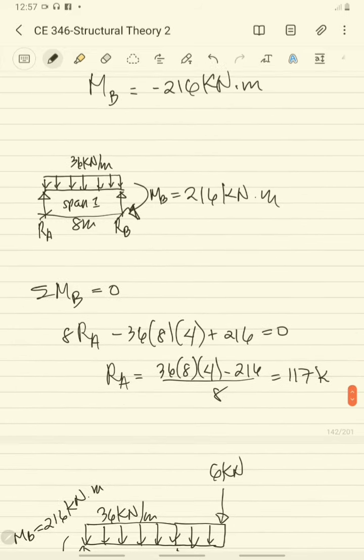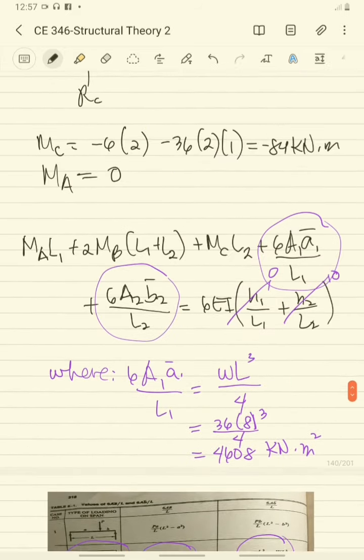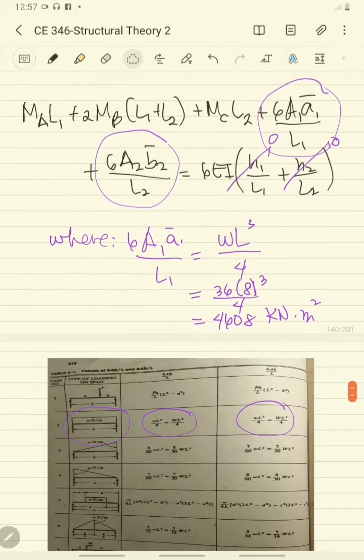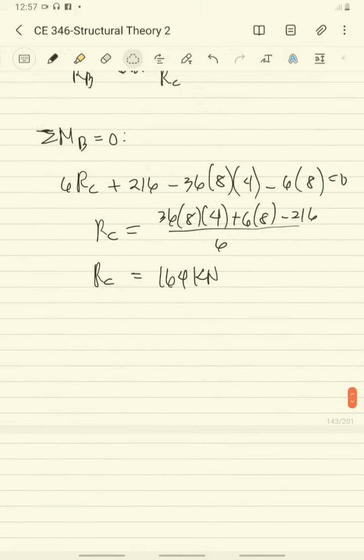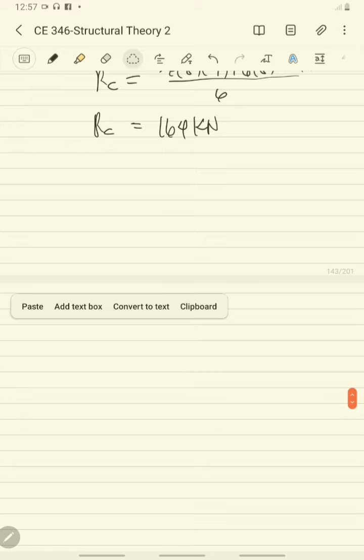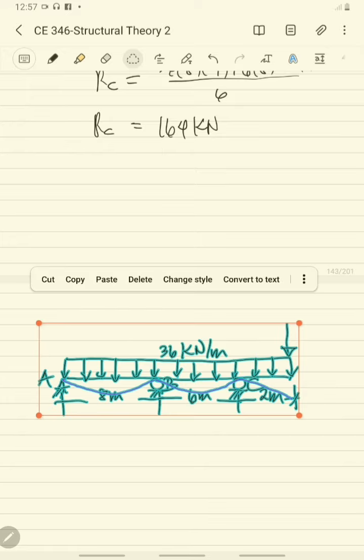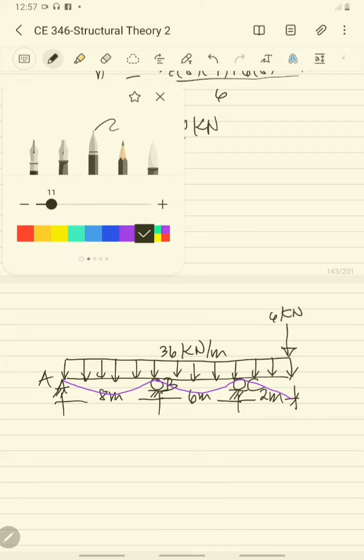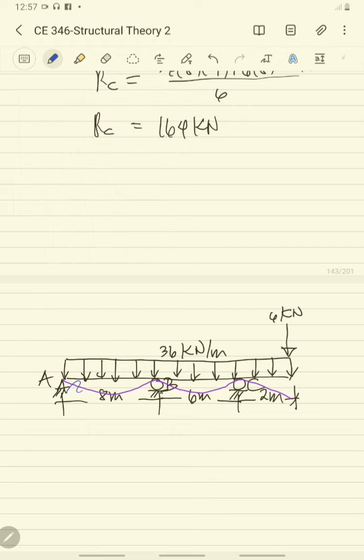Now we have to determine the reaction of the support B. So again, I have to copy the whole beam. So we have this one as our 6 meters, and I have to copy the reaction A, that is 117 kilonewton.